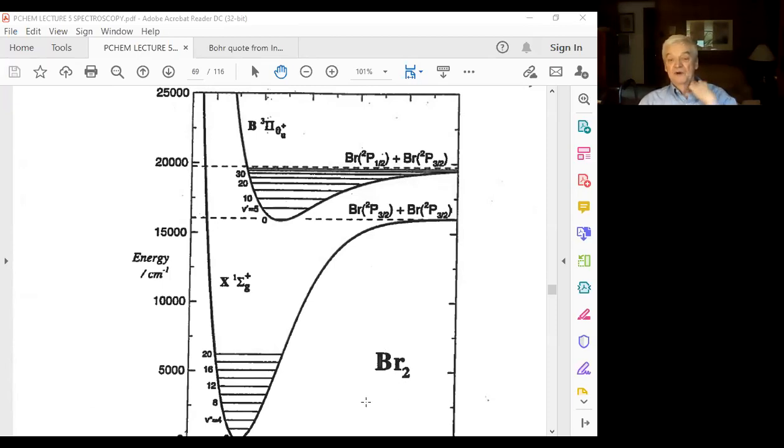In the case of bromine, I think you all drew Lewis structures of molecules like this. You would draw a single bond between two bromine atoms and then put 6 non-bonded electrons around each bromine atom.